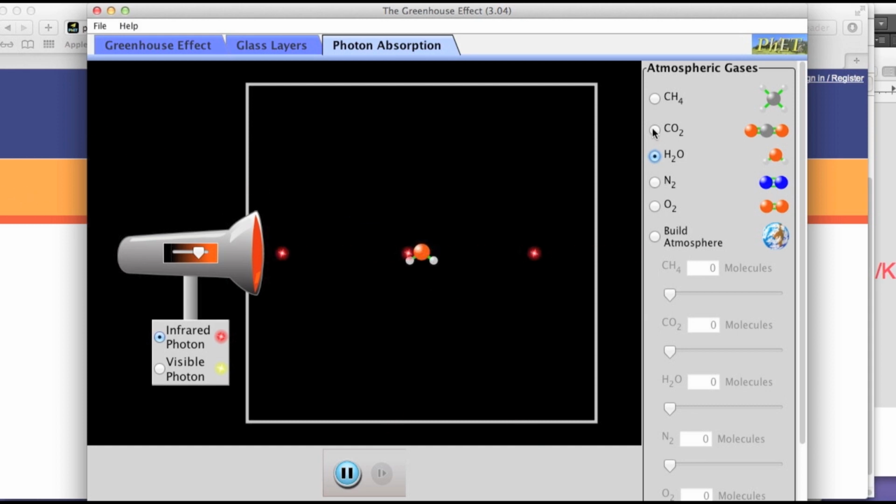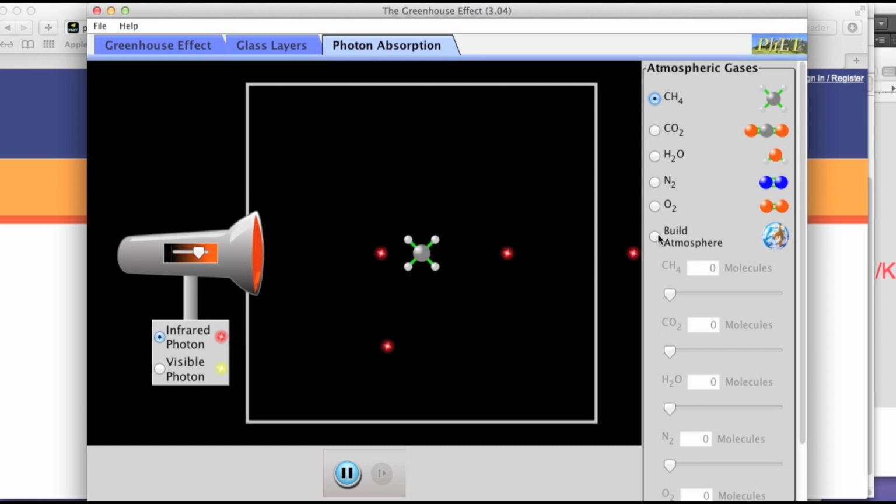So water does it. CO2 does it. This is the greenhouse gas that most people talk about, the CO2 molecules, but we'll bring water into this as well next time. And methane over here, with a total of 5 atoms, will also resonate with these thermal IR photons and then re-emit in random directions, half up and half down.